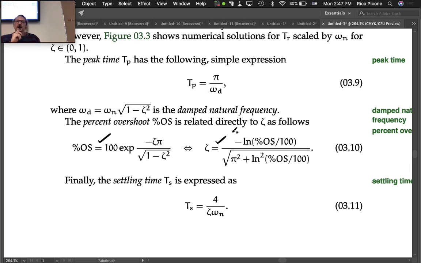Finally, the settling time is just 4 divided by zeta omega n, which is a nice, easy relationship as well, and allows us to set performance criteria accordingly. So we can translate between the transient response performance and the second order characteristic parameters like zeta and omega n.